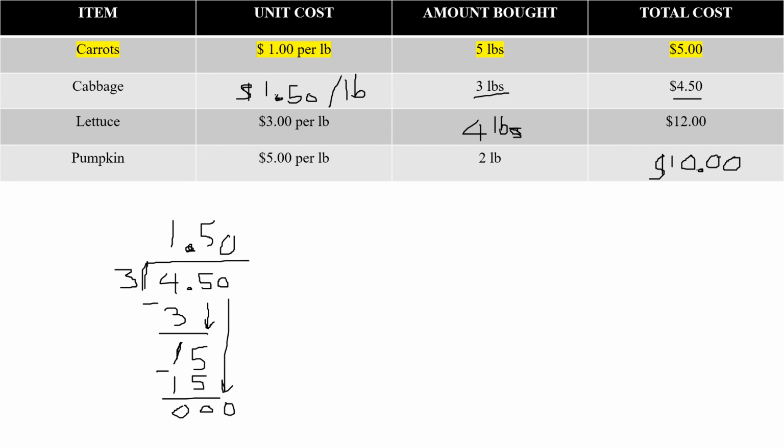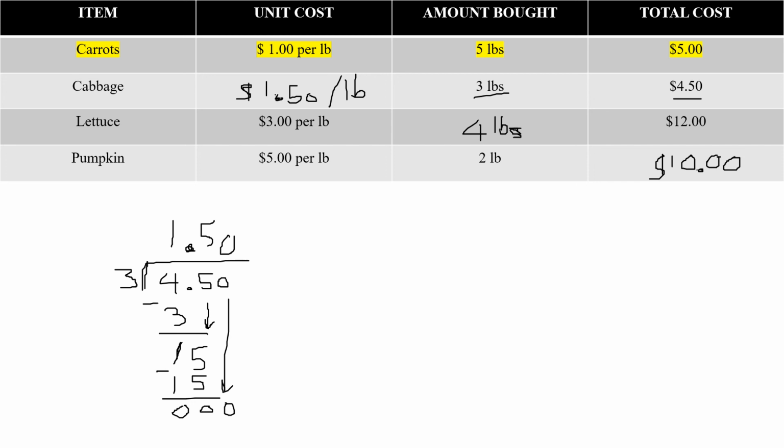Total cost divided by unit cost is equal to amount bought. Amount bought times unit cost is equal to, no. I mean, you could, if that's how you operate, but I think it's a lot easier when you understand what happened. Of course, you could look at this video over and over until you get it.